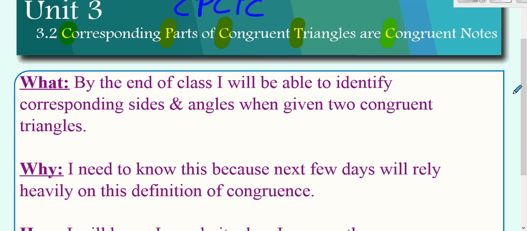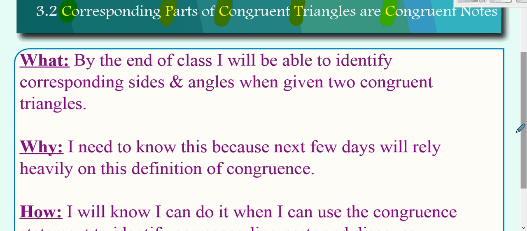By the end of this, you'll be able to identify corresponding sides and angles in the two congruent triangles, and you're going to know that they're congruent. It's going to have a lot to do with what we do over the next couple of lessons.